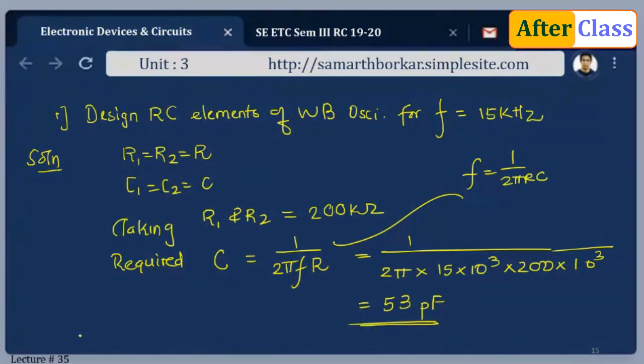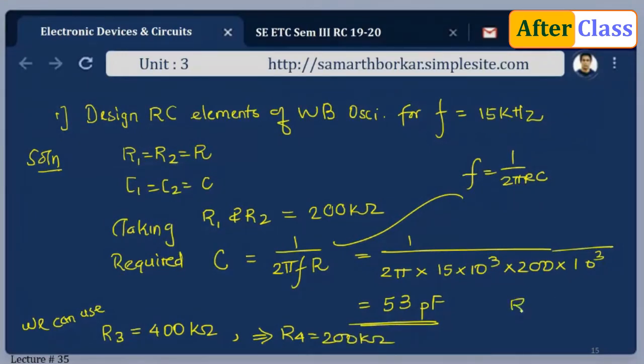Okay, and then for R3, we can use R3 equals 400 kilo ohms, and this implies R4 is 200 kilo ohms. R3 is twice R4.